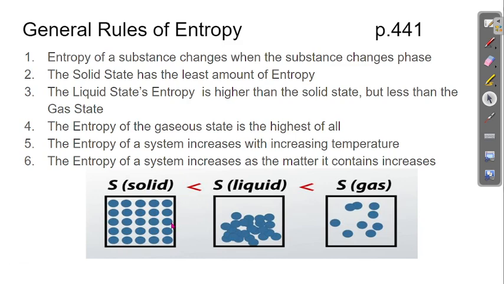So here you go. When you have a solid, you already know that everything vibrates. There's movement in all of them. But in a solid, the movement is small. Those particles that form part of that solid are organized, and there's not a lot of chaos. So the entropy is smaller than if it was in a liquid state.